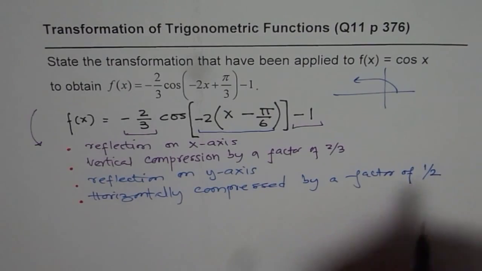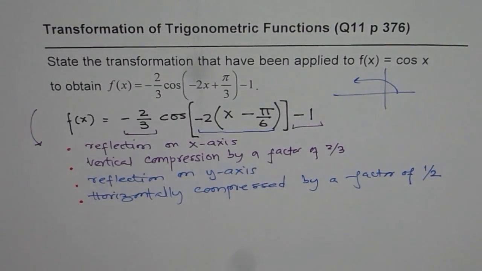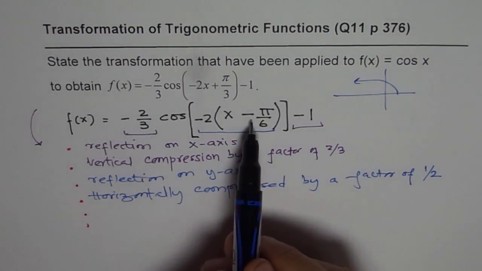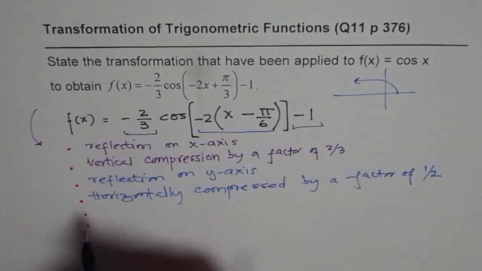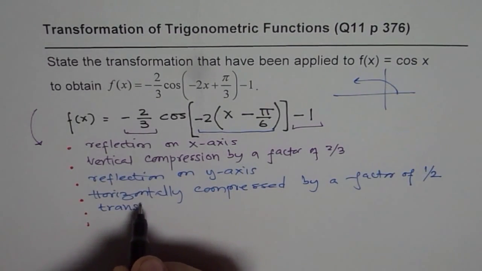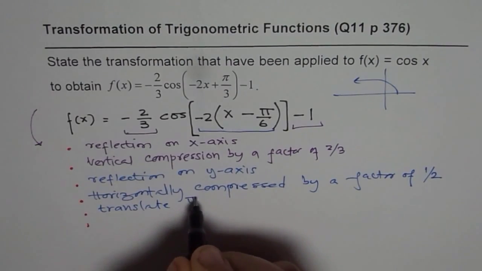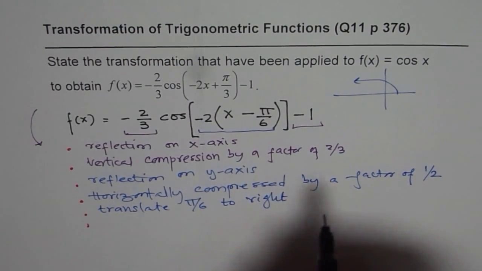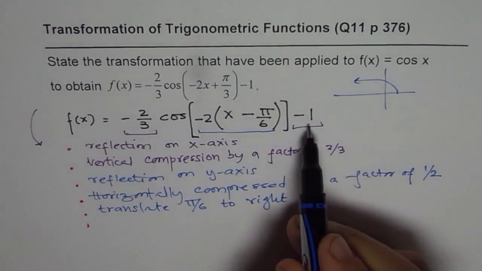Now this minus π/6 is a horizontal translation, π/6 to the right. So we can say translate π/6 to the right. And this minus 1 is a vertical translation.